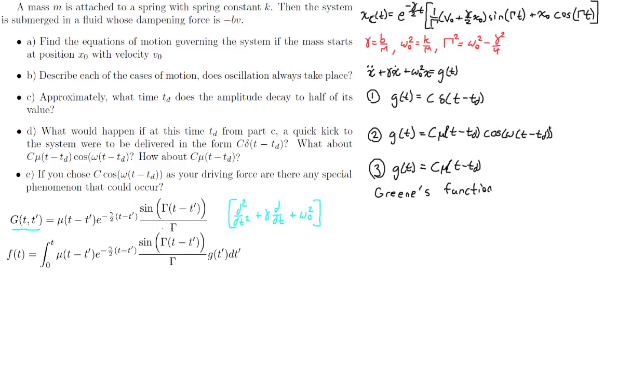And how it applies to our situation is, we can solve for this f of t here, which is really our particular solution, right? This is our particular solution for a g of t prime.